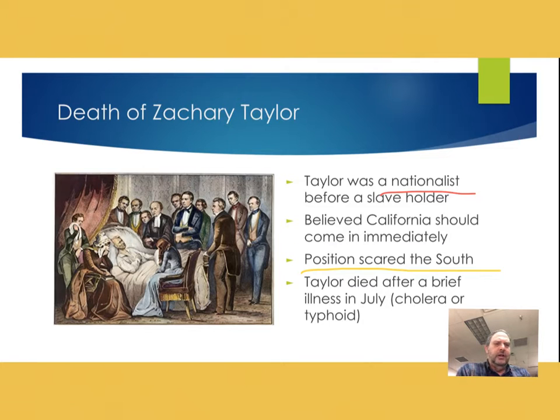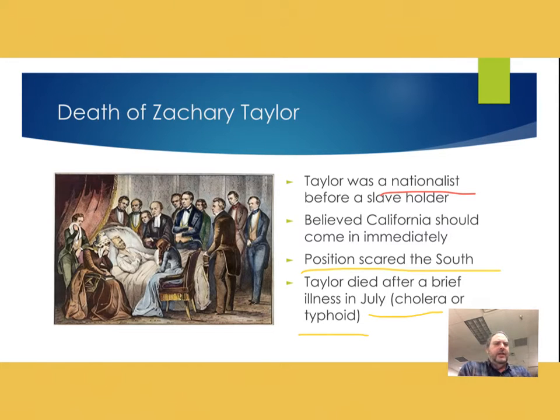It could have been excrement because sanitation wasn't very good in those days. And within hours, he was struck with intense stomach pains and he had a very high fever. You read people speculating about what it could have been, and cholera and typhoid come up a lot. So President Taylor falls deathly ill and he passes away.